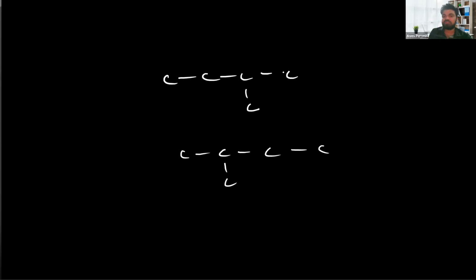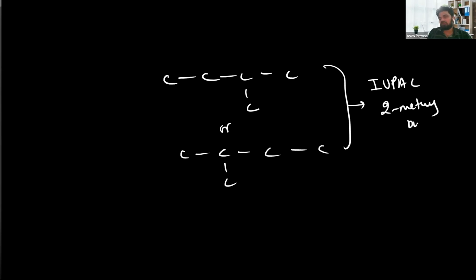Why? If we have this one, we will have 1, 2, 3, so we do the numbering from here, and it is 2-methyl butane. And if we have this C here, we start numbering from here so that it gets the lowest possible number. So it is still 2-methyl butane. Both of them are the same. Got it? The IUPAC name we have written is 2-methyl butane.